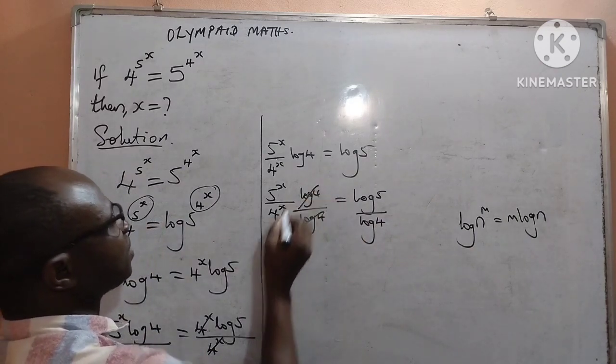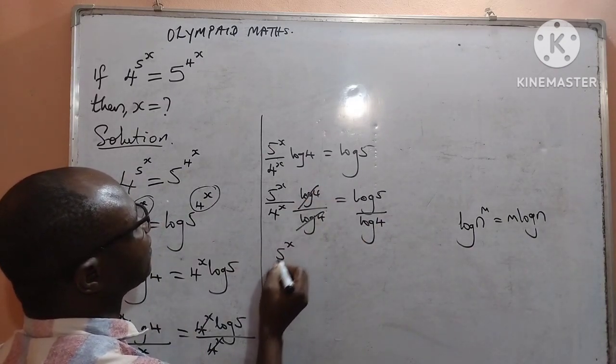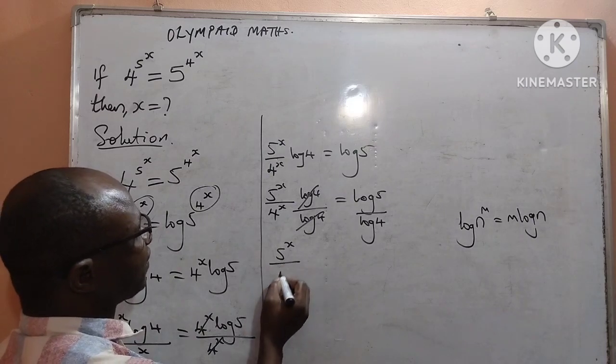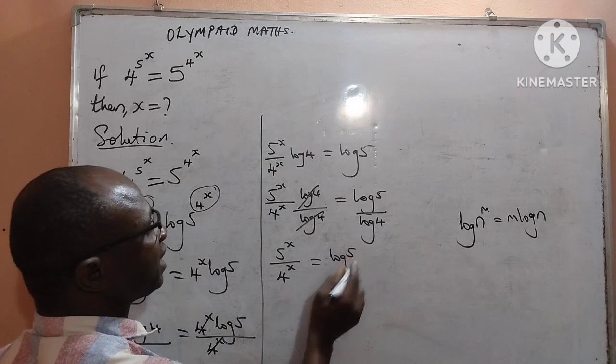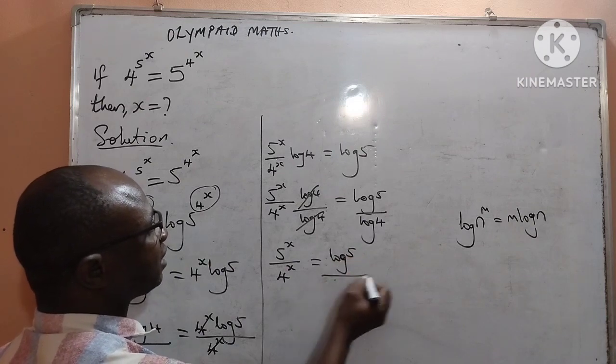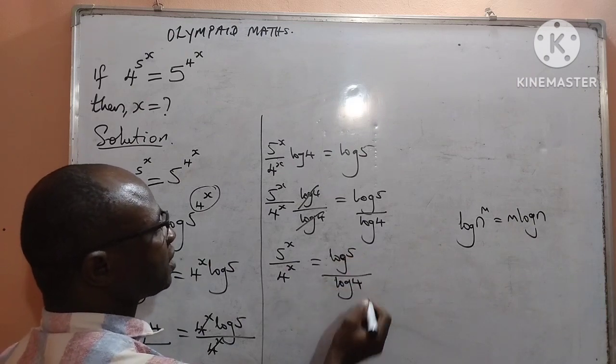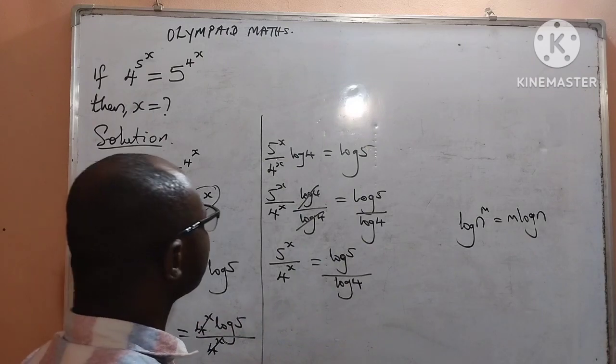So this can now cancel this, leaving me with 5 to power x all over 4 to power x equal to the log of 5 divided by the log of 4. This is where we are now.